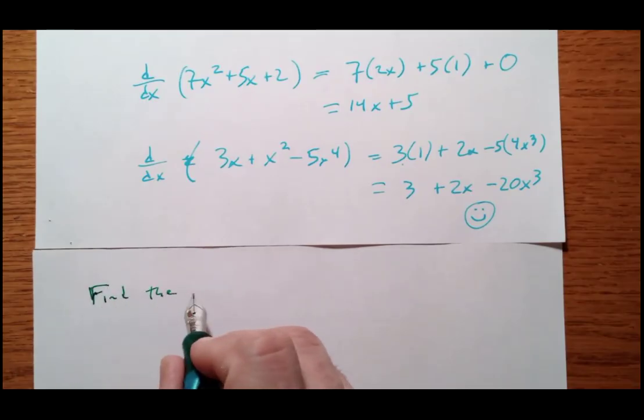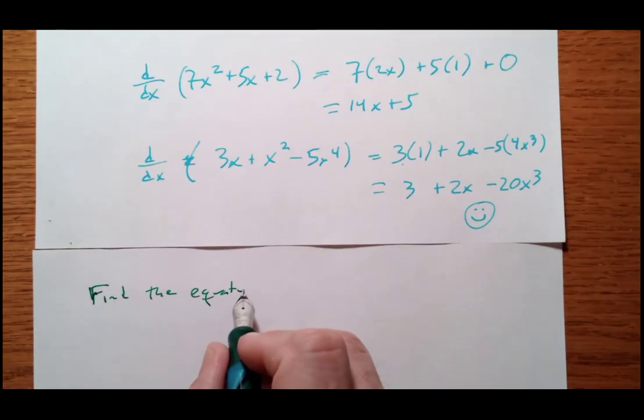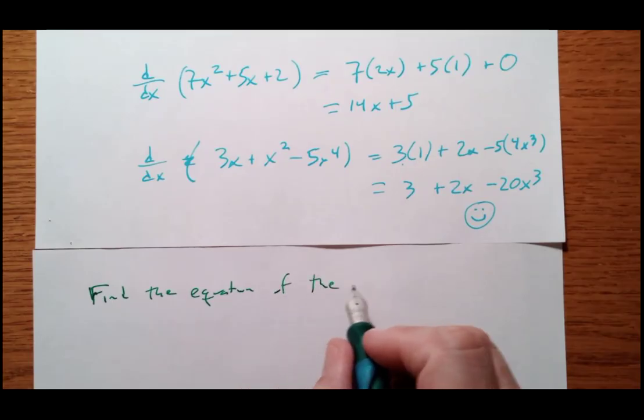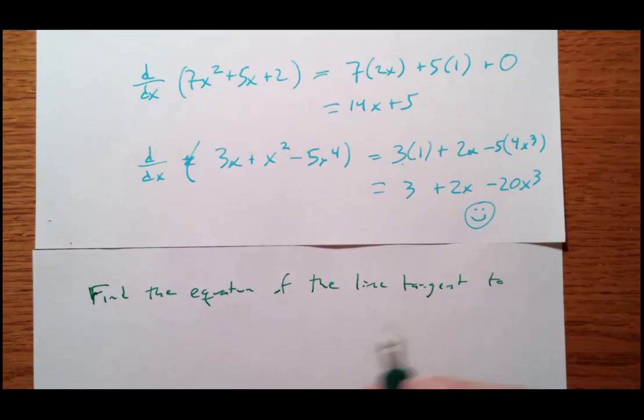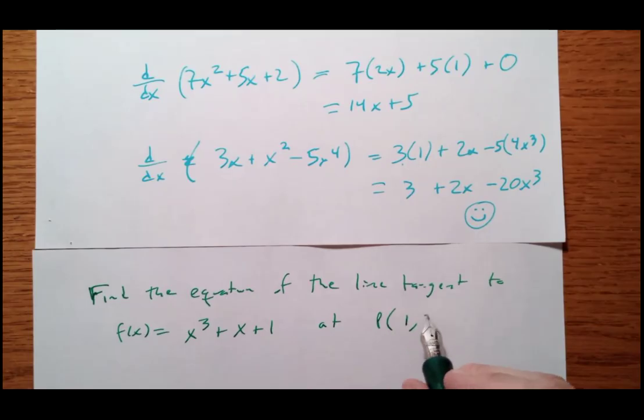Find the equation of the line tangent to f of x equals x cubed plus x plus 1 at the point 1, 3.